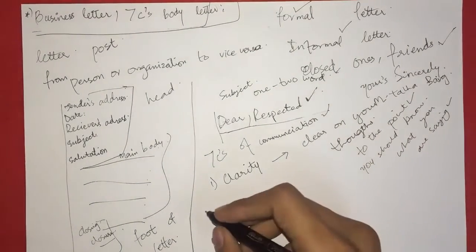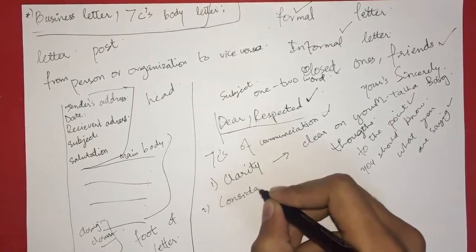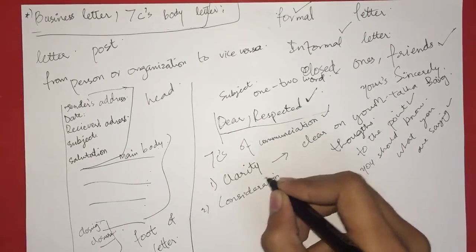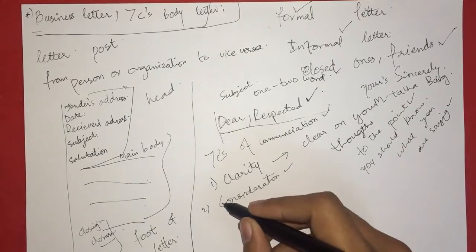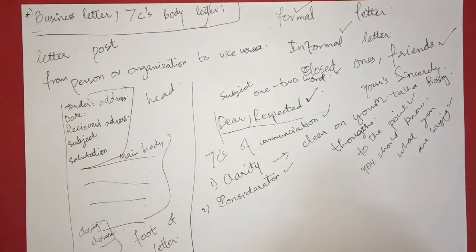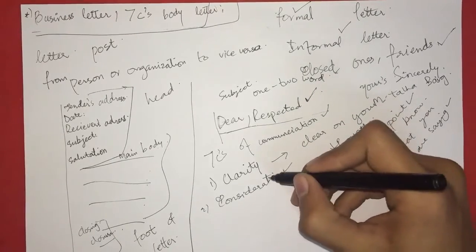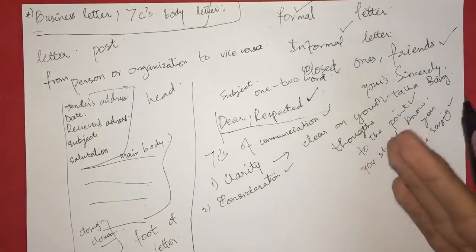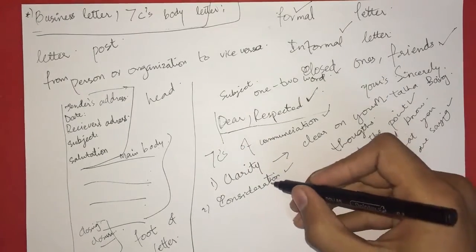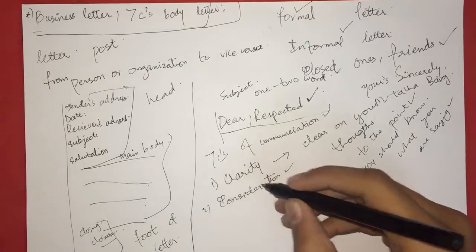Second, you have consideration. Consideration means that you have to avoid selfishness here. You have to consider everybody's loss or profit. You don't have to only think about yourself. You have to consider every aspect of the other person's behavior and emotions.